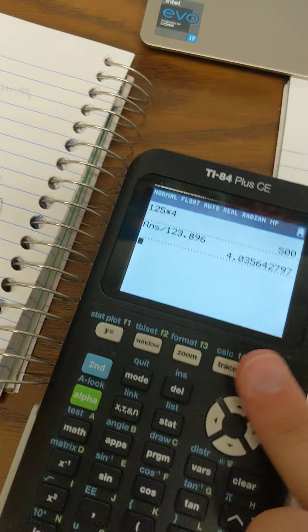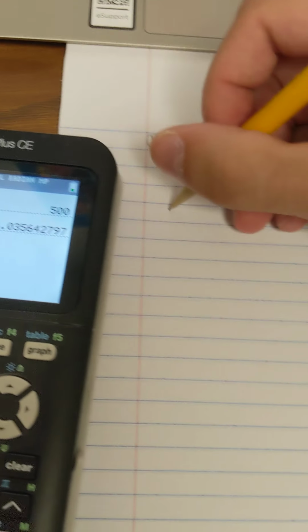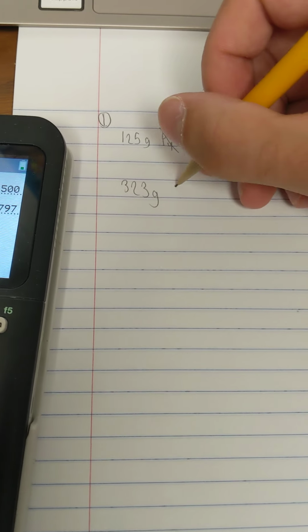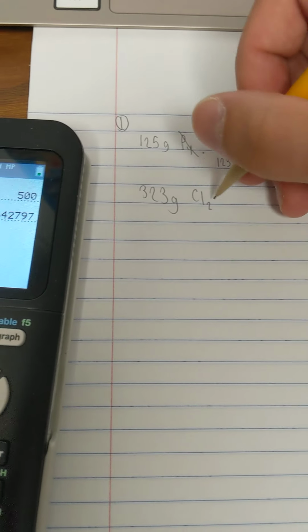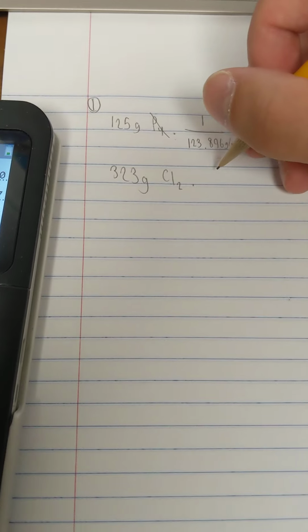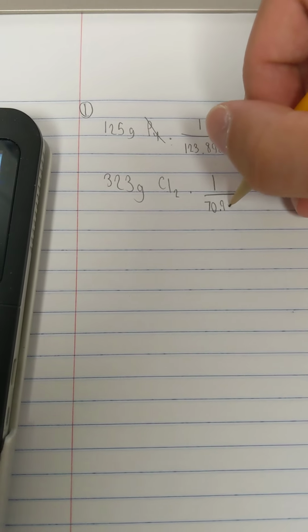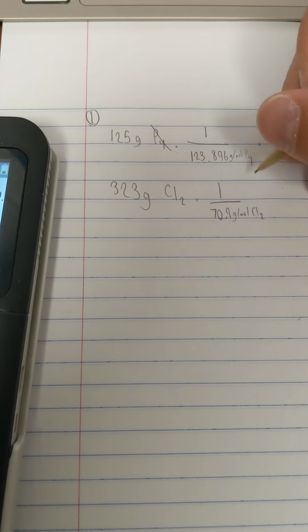And then now we've got to check what we will get with the 323 grams of Cl2. So we multiply it by 1 over 70.9 grams per mole of Cl2.